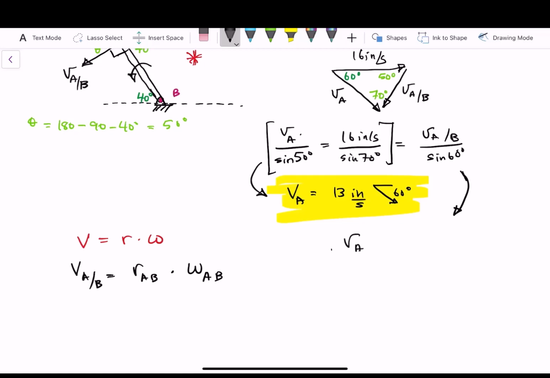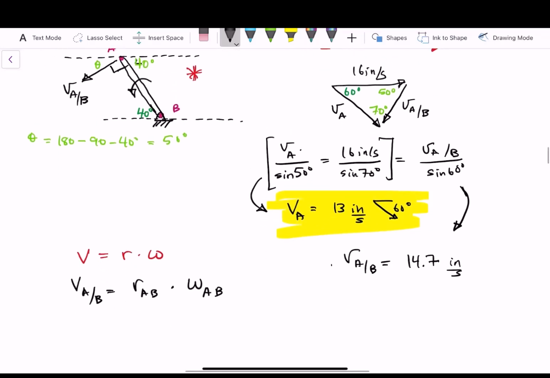So VA with respect to B is equal to 14.7 inches per second. And we know that it is going at an angle of 50 degrees. So we can then sub that into this equation here. We just need to solve for omega AB.